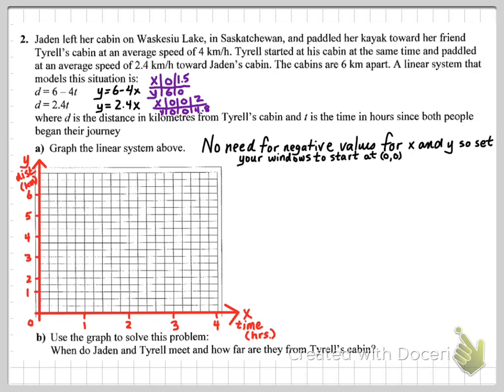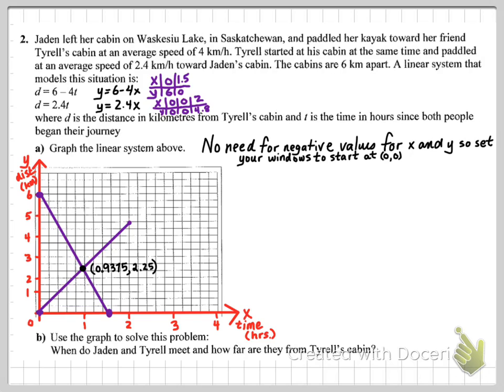In the first case, when x is 0, y is 6, and when x is 1.5, y is 0. There's that one. In the second one, we have x is 0, y is 0, and when x is 2, y is 4.8. It's going to intersect at 0.9375 and 2.25. That's our intersection point.